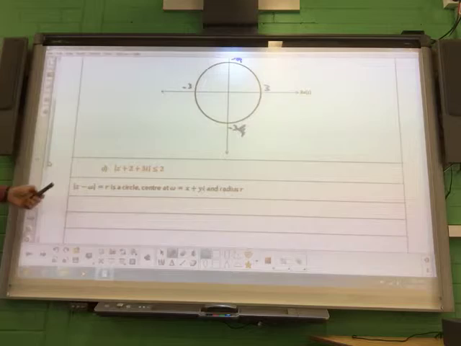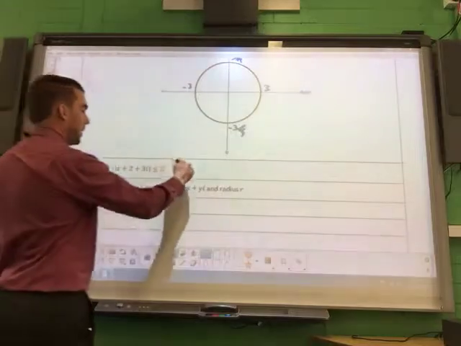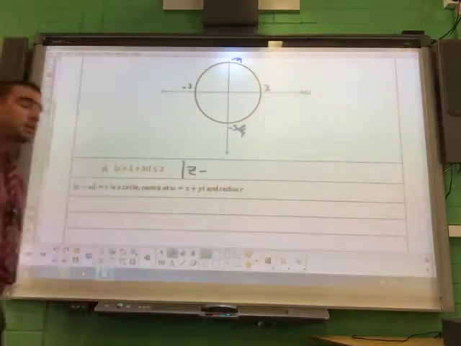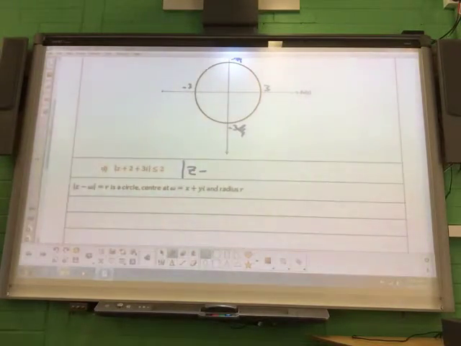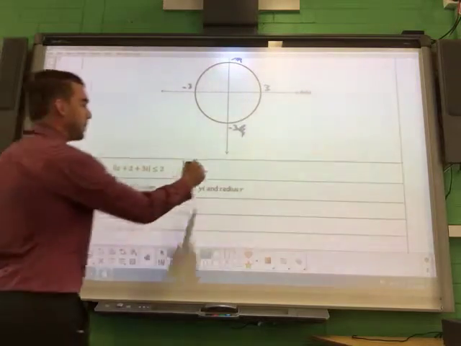Okay, so z take away omega, take the modulus of that, equals r, it's a circle, centre at omega and radius of r. Okay, now this has to be in z take away omega form. Alright, so in other words, you're going to have to factorise.